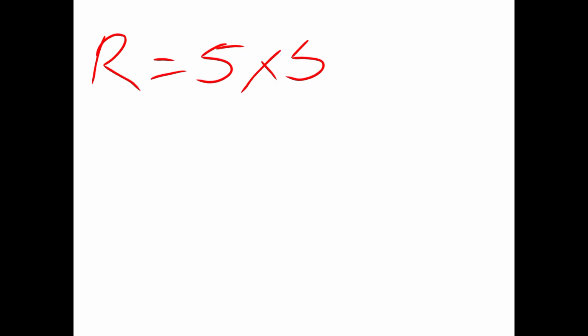So Reshma's score will be, 5 are correct, so for every correct answer 5 marks are given, then plus 5 are incorrect, 5 multiplied by negative 2.